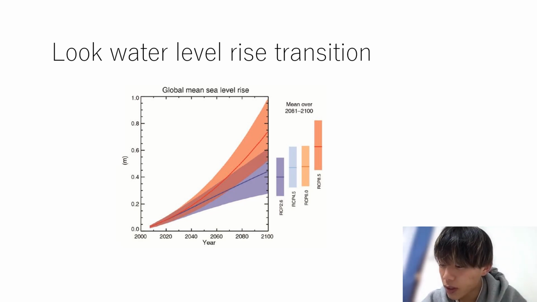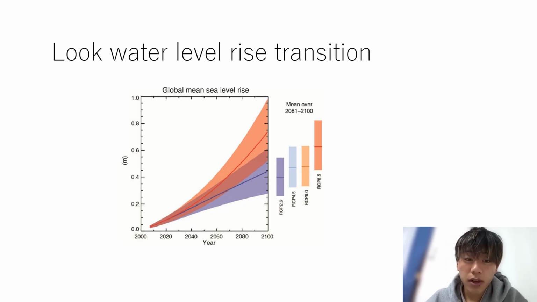Please look at this graph. This graph is the transition of water level rise. The vertical line is the depth of water level rise. The horizontal line is time. You can see a red line and a blue line. In fact, the red line is when we couldn't perform solutions with regard to climate change.